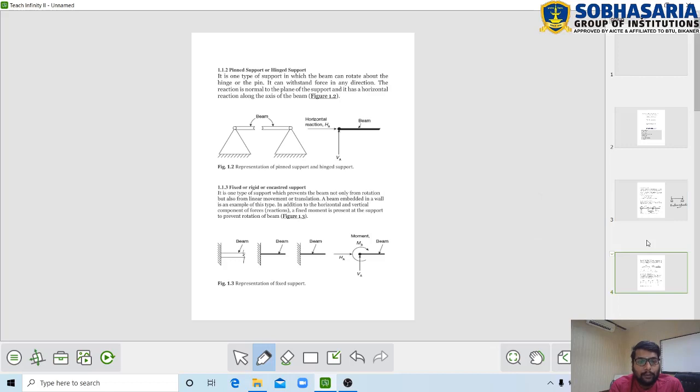So the next support is a pinned support or a hinge support. So what is a pinned or hinge support? It is one type of support in which the beam can rotate about the hinge. The hinge is this point where it is connected.